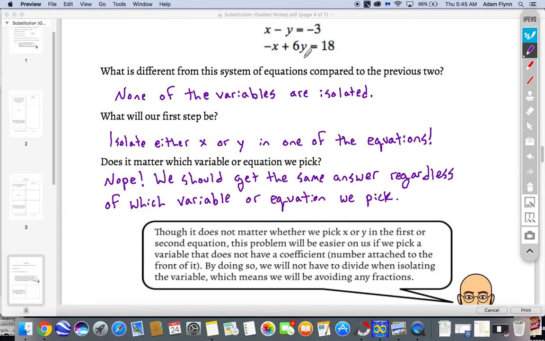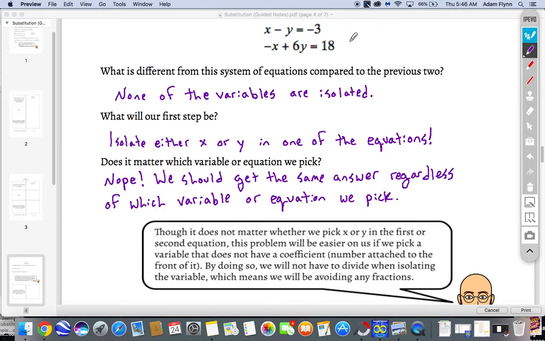And because I have to divide everything by 6, I'm turning one or more of the terms on the right side now into a fraction. Okay? And though we are well equipped to solve problems dealing with fractions, if we can avoid them, most people would. Okay? I know I certainly would avoid fractions if I could. So just be careful what you're picking.